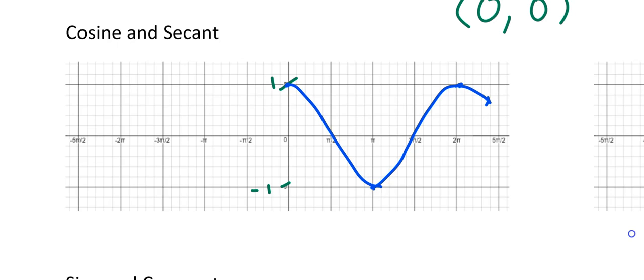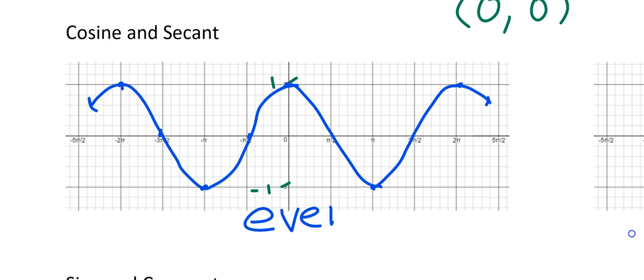Right, and then we'd do the same thing on the other side. Stay with me, don't pack up. Even function or odd function? That is an even function, isn't it? You could just basically fold it across the y-axis and it would look exactly the same.